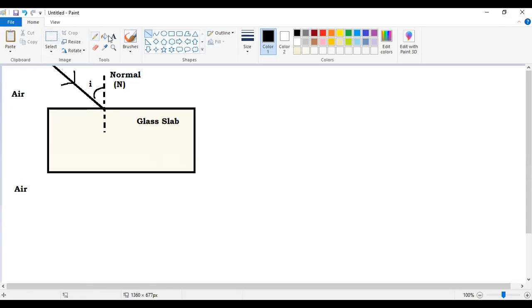If we were not having this glass slab, then what would happen? This incident ray would have traveled like this. There would have been no change in the path of incident ray. It would have traveled in the same direction.